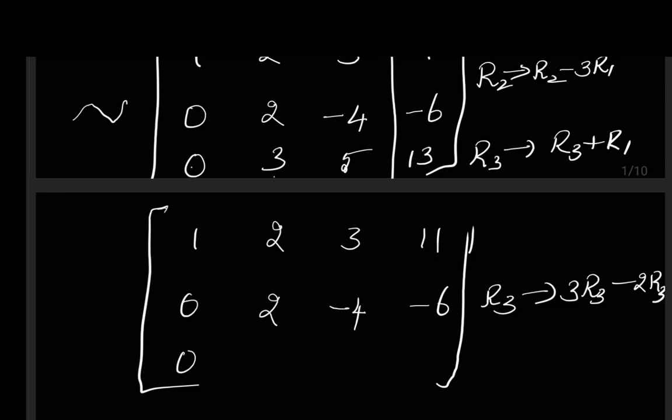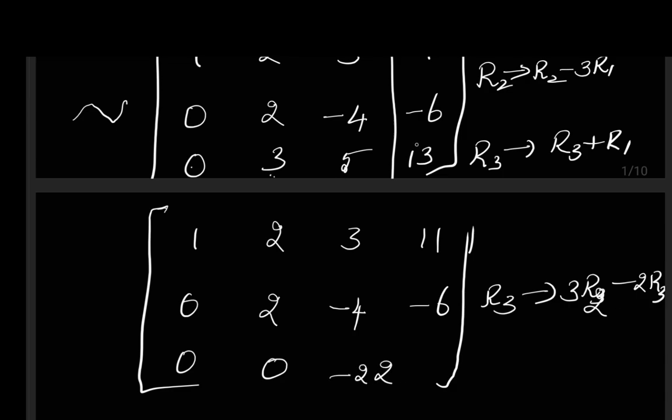First entry as it is, 0. Then 3 times 2 is 6, 2 times 3 is 6, 6 minus 6 is 0. Then 3 times minus 4 is minus 12 and minus 2 times 5 is minus 10, so you get minus 22.